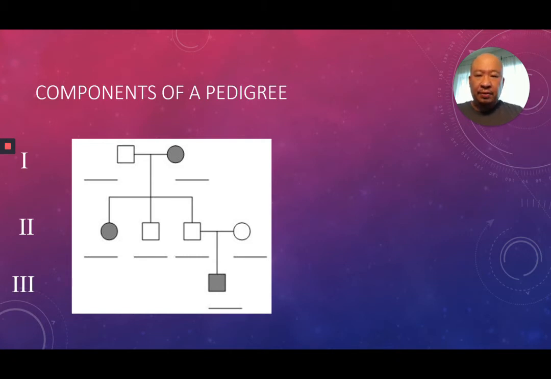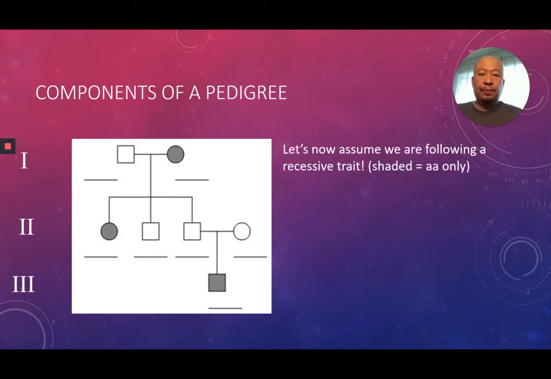So this time around, we are going to assume that it's a recessive trait. Okay? Because we already know the dominant one didn't fit in. So if it's recessive, all the shaded individuals, okay, would be recessive. Like that. Okay.